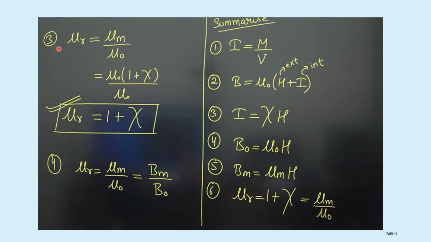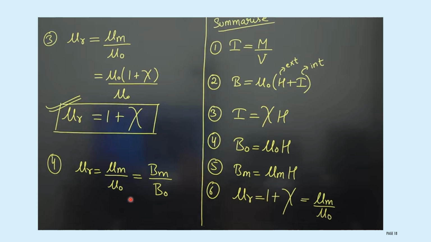Next one. Third formula, mu r will be equal to mu m divided by mu naught. You know the value of mu m, it will be equal to mu naught into 1 plus zeta, divided by mu naught. Mu naught will get cancelled. Mu r will be equal to 1 plus zeta. Then next formula, mu r will be equal to mu m divided by mu naught.